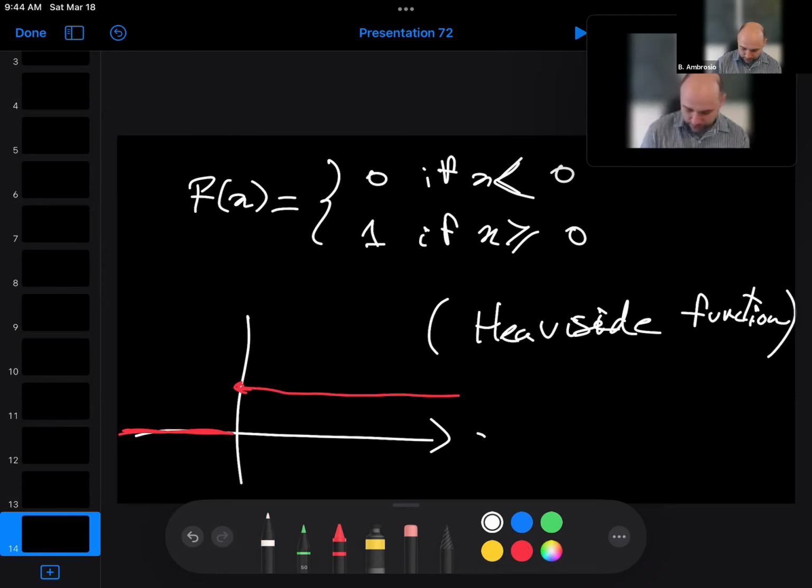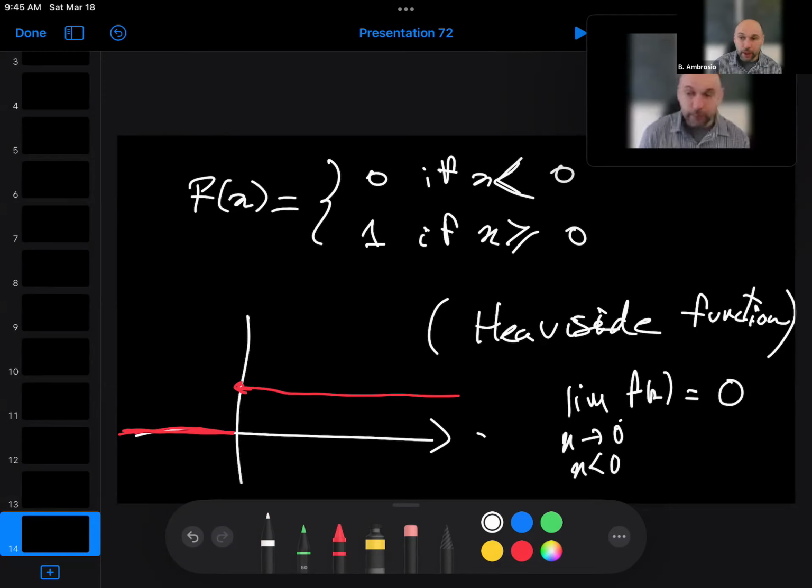So in this case, I can say that the limit when x goes to 0 and x is negative of f of x, this is what? So when x approaches 0, on the left side, I can see here that the limit is 0 because it's constant.